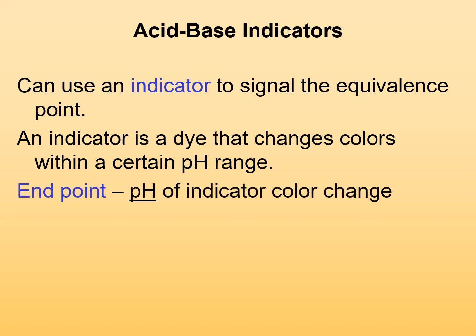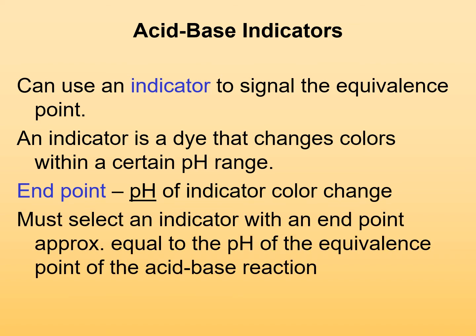The endpoint of an acid-base indicator is the pH of that color change. Remember, equivalence point was referring to a volume where we're going to notice that color change. The endpoint is the pH of that color change.